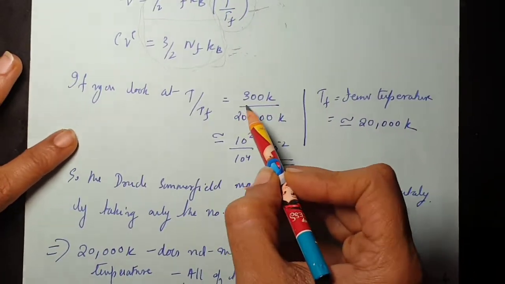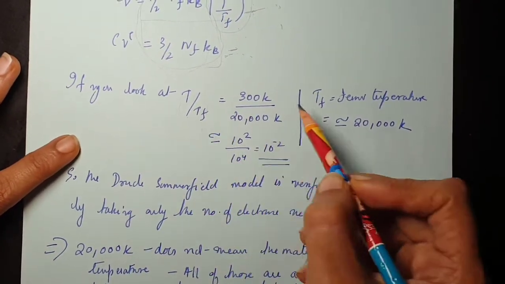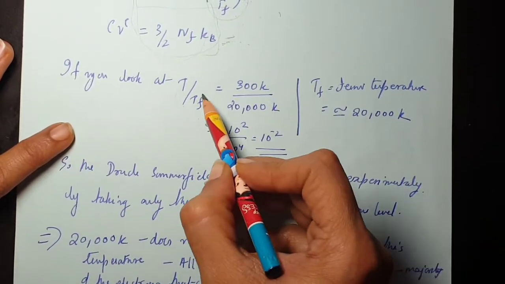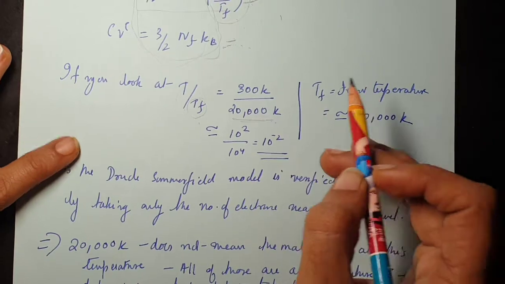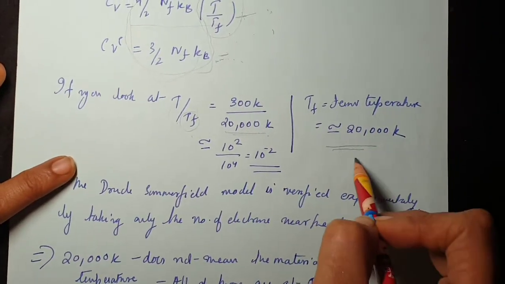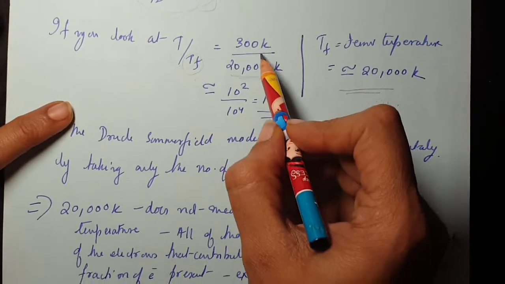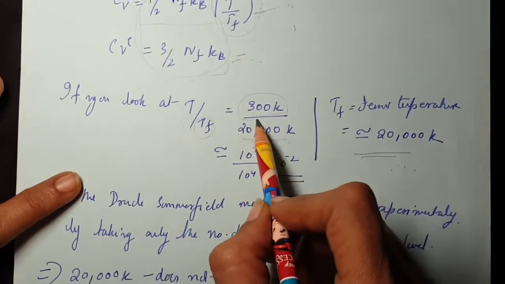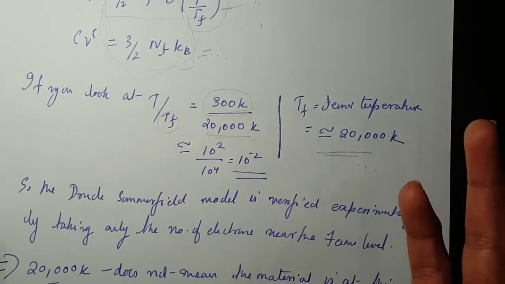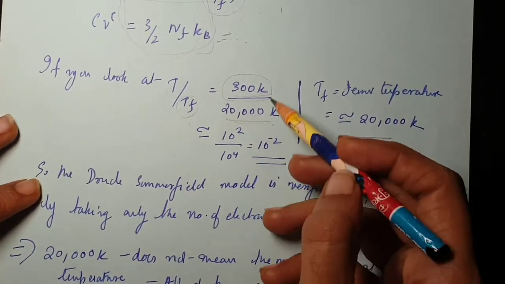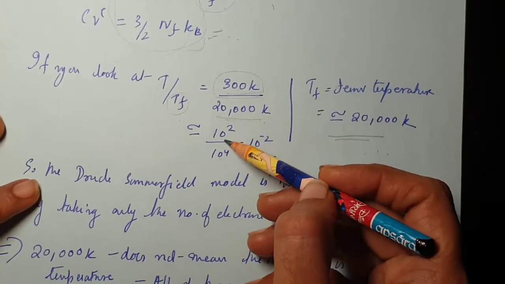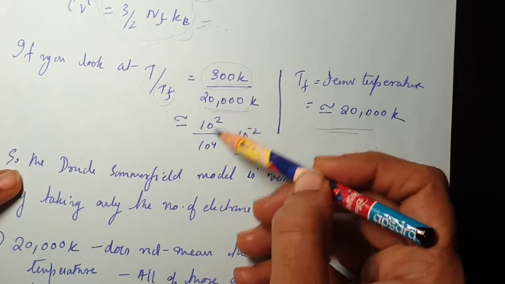If you take T by TF, experimentally this Fermi temperature has been found to be about 20,000 Kelvin. I'll explain to you how it is taken to be so high. And if you raise the temperature to about 300 Kelvin, which is room temperature, then when you divide these two, this is 10 raised to 2 and this is 10 raised to 4.